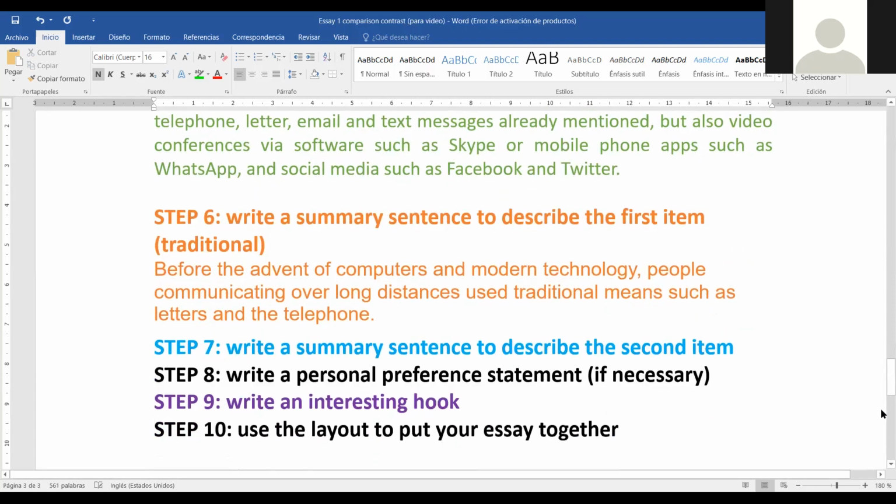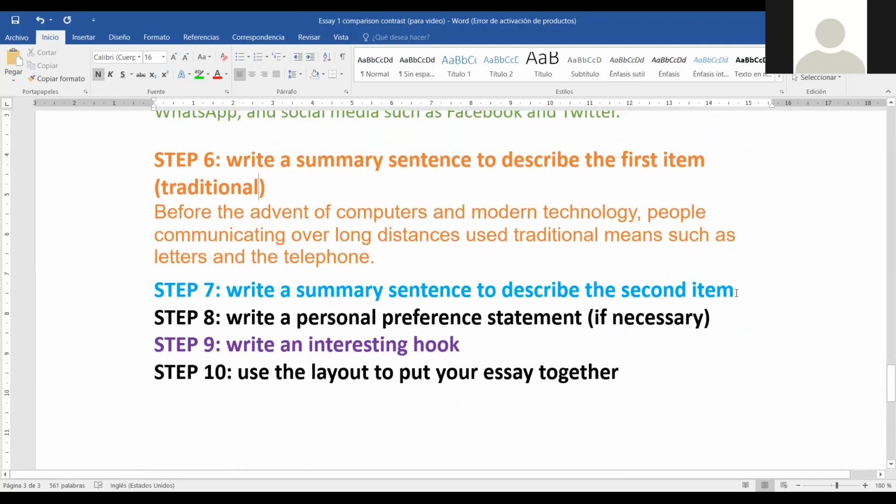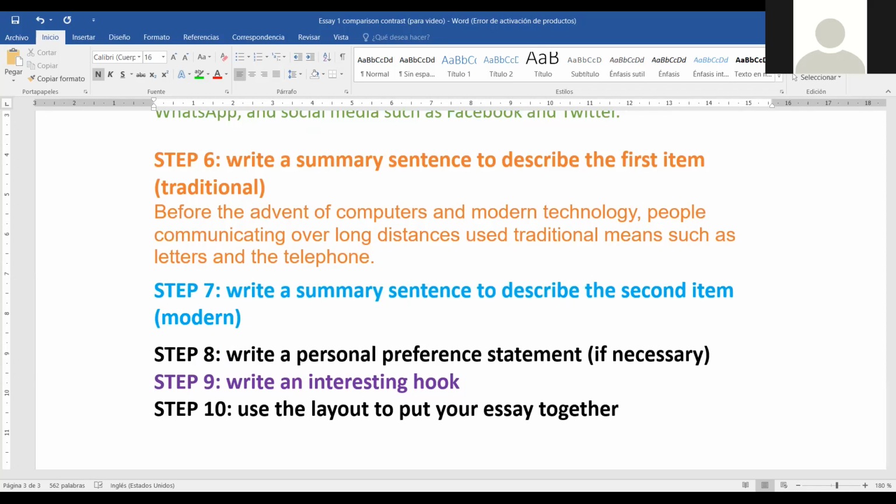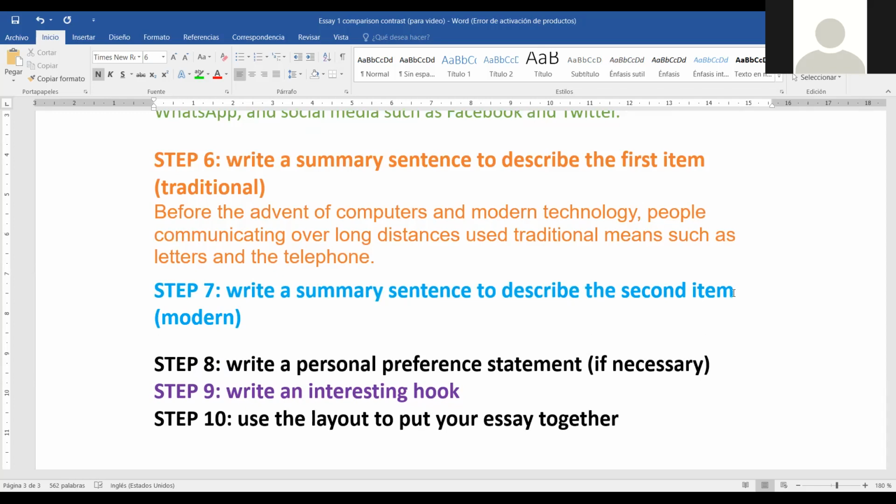In step 7, you have to write the one that describes the new ones, which in the task says modern means of communication. So in this part, you have to make another sentence for the second one. For the second one, I chose this other sentence. Here.